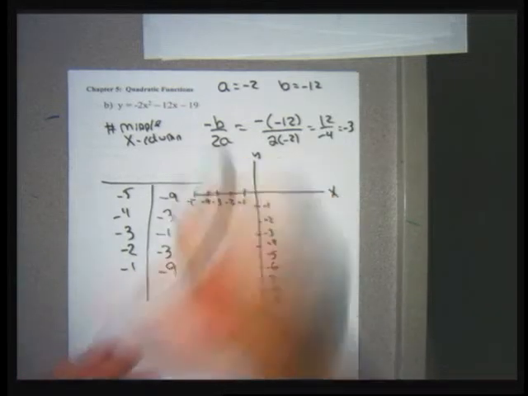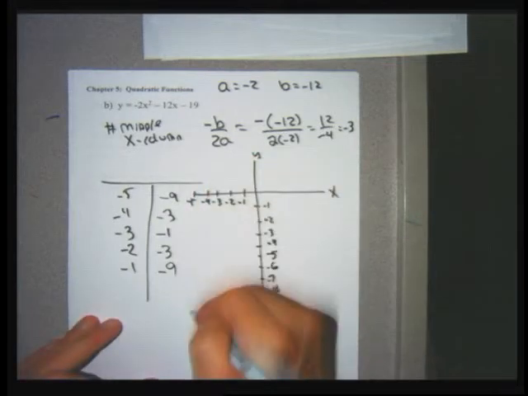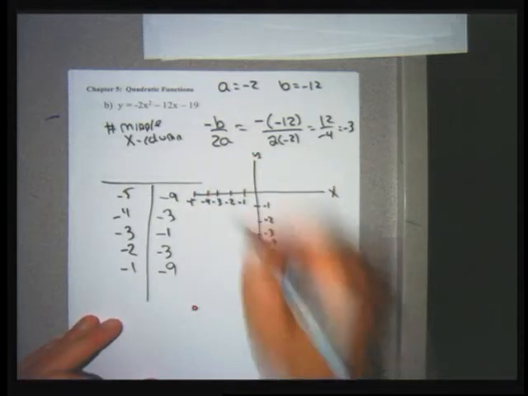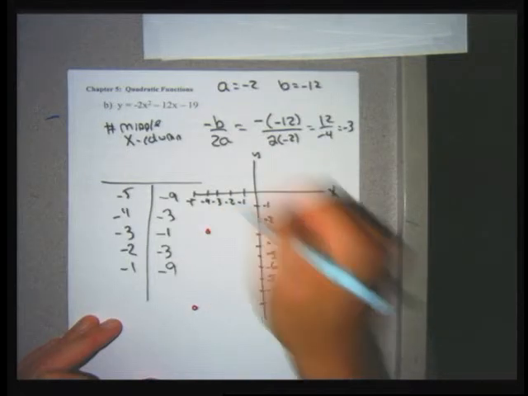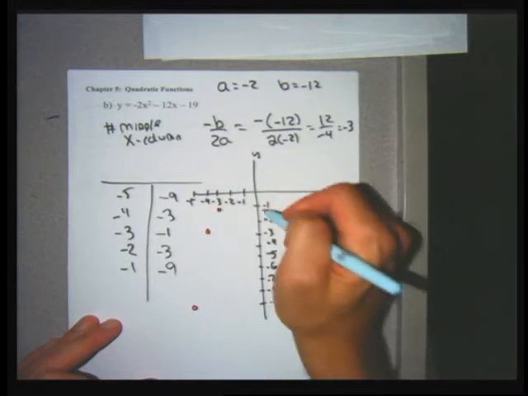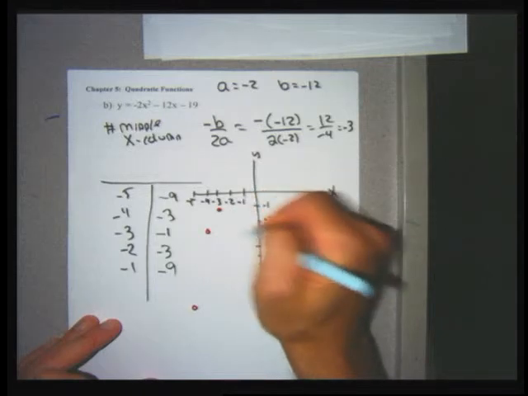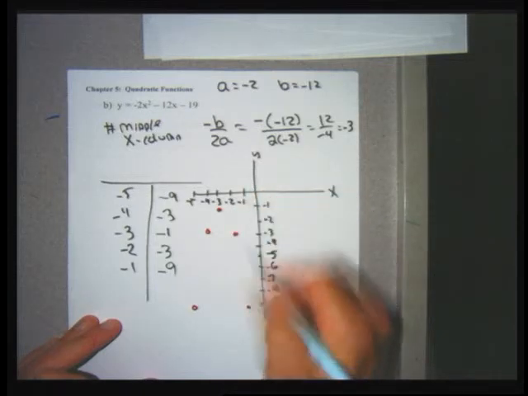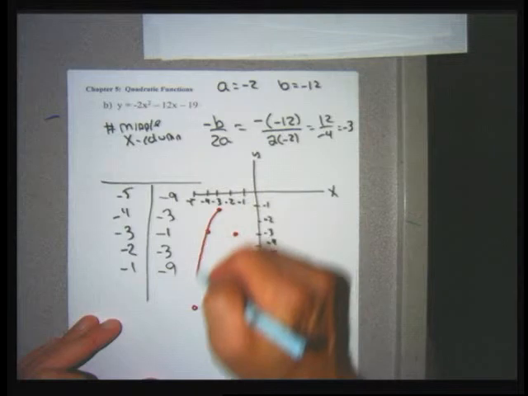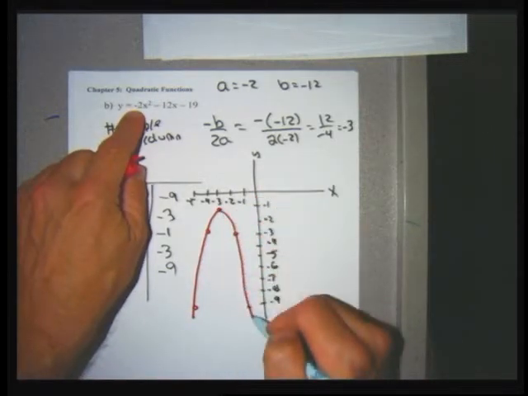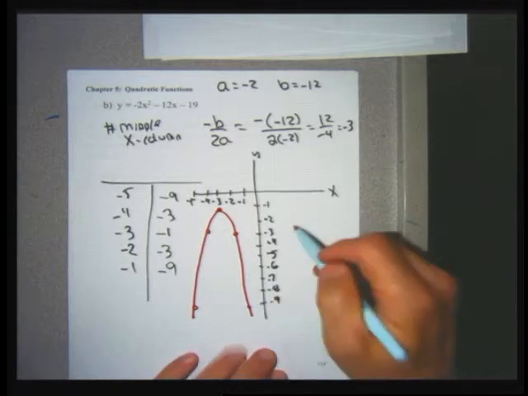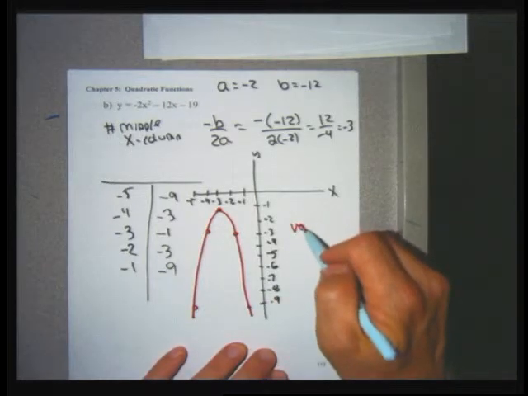First point, -5 on the x-axis, -9 on the y-axis, then -4, -3, and then -3, -1, -2, -3, -1, -9. It's good that it's upside down because when there's a negative in front of the x squared term, it's upside down. So there's my graph. The only thing I'm asked to talk about is the vertex.